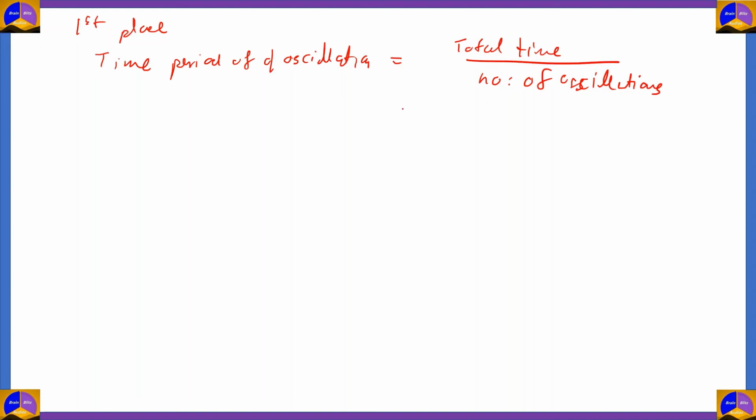So the value of T1 will be equal to the total time taken, 60 seconds for 40 oscillations. So 60 by 40, that is 6 by 4, which is 3 by 2, which is 1.5 seconds. So now we have T1, which is 1.5 seconds, T2, which is 2.5 seconds, and H1, which is 0.1 into 10 raised to minus 5.